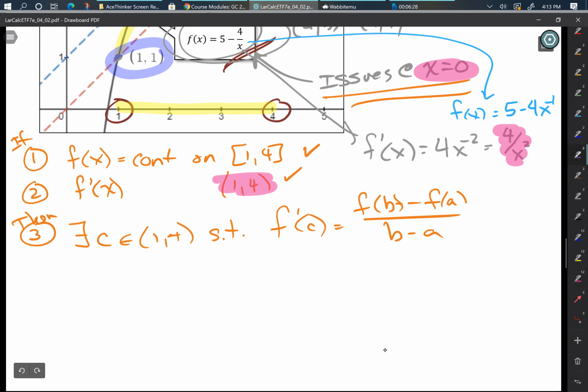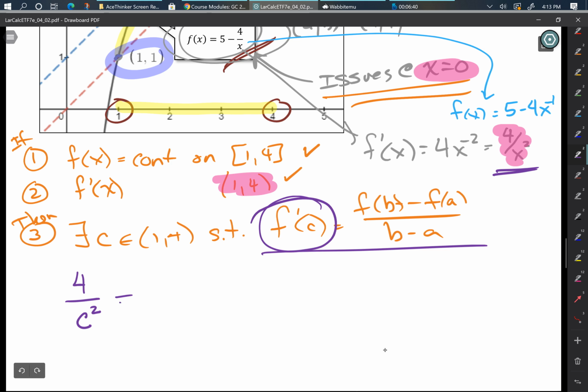If I plug in everything that matters, I get 4 over c squared, that's the f prime of c, is equal to f of b, which is 5 minus 4 over 4, minus f of a, which is 5 minus 4 over 1, divided by b minus a, 4 minus 1.